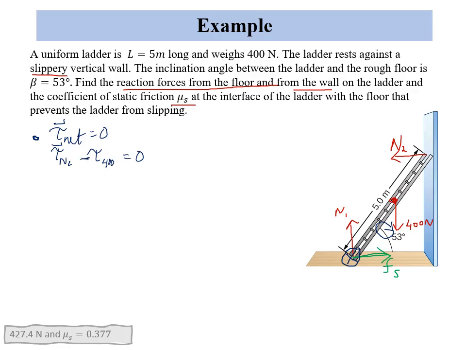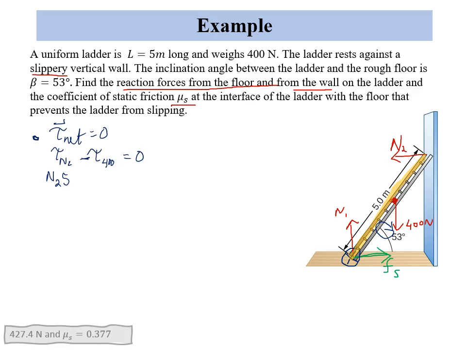If N2 is the only force acting, it's going to rotate in this direction, which is counterclockwise, so that is positive. Torque due to N2 is going to be N2 times r. r is the distance from the rotational axis to where the force is applied, which is just the length of the ladder.